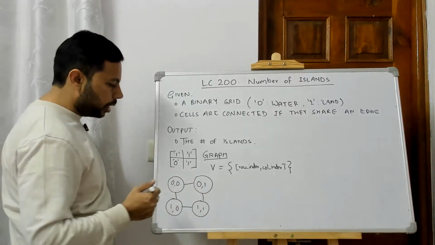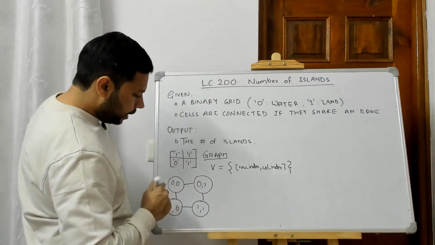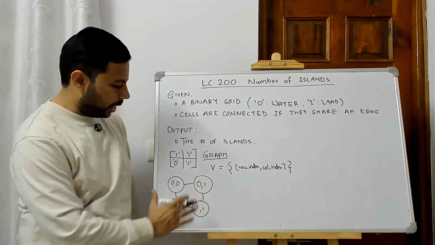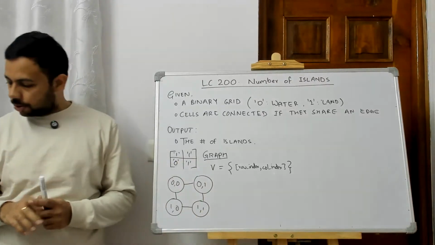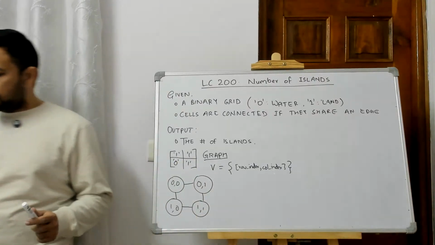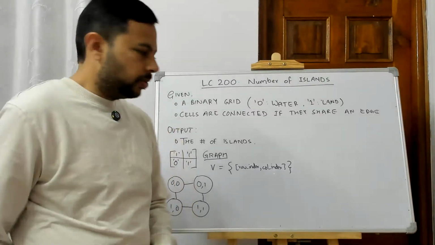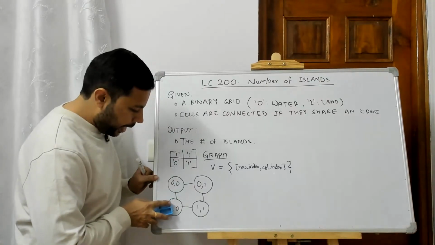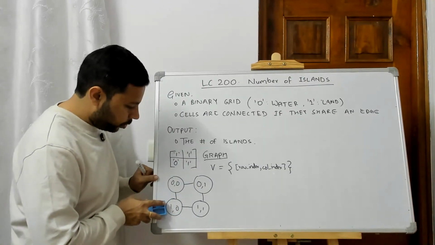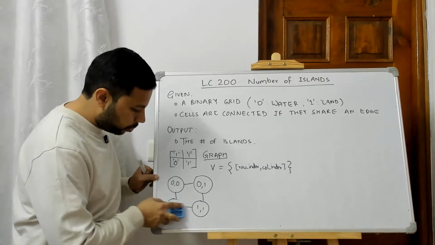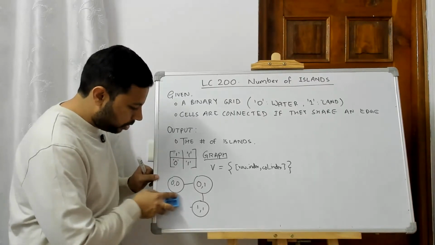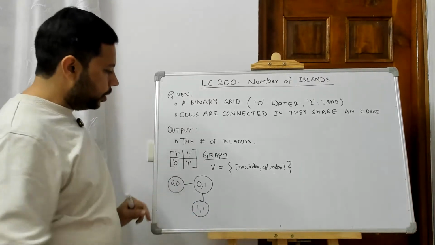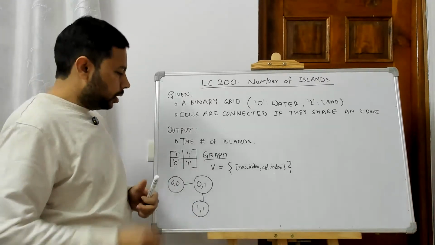And all you do is, once you have built this graph, delete all the vertices from this graph that have water. So this vertex goes away, this 0 goes away, and all its edges also go away. So 1, 0, which contains water, goes away. Delete this.